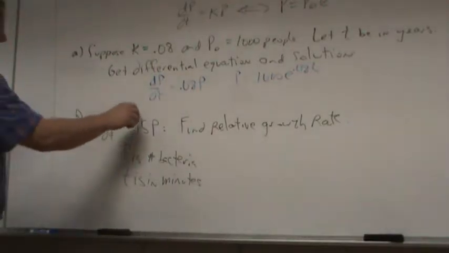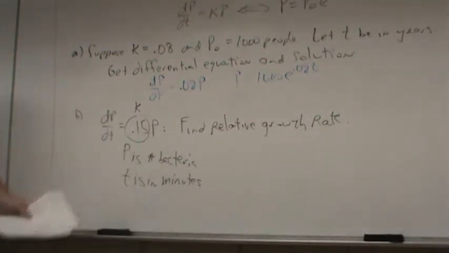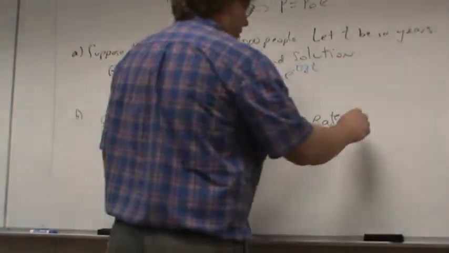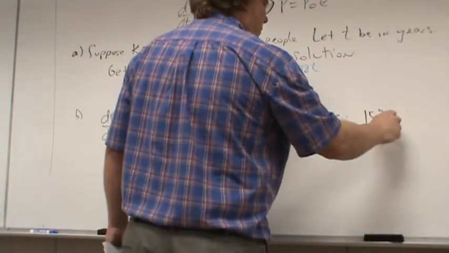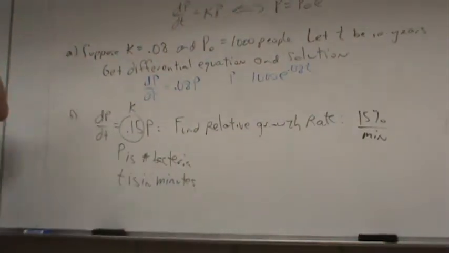I hope you're getting that on an equation like this, your relative growth rate is a constant, and it's just that guy right there. Your relative growth rate is going to be 15%, and since I told you time is in minutes, it'll be 15% per minute. Is that okay with you guys? Okay, so that's all I got there.